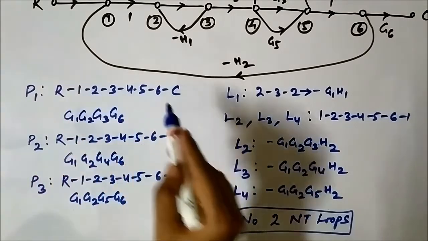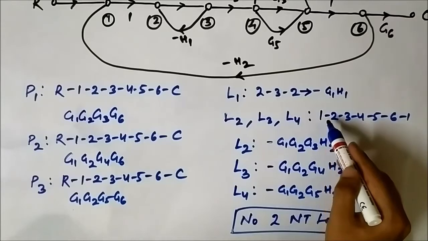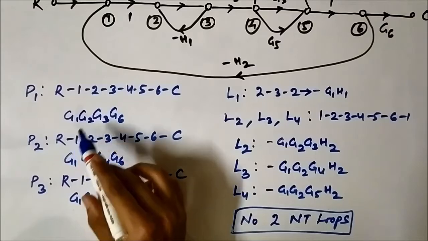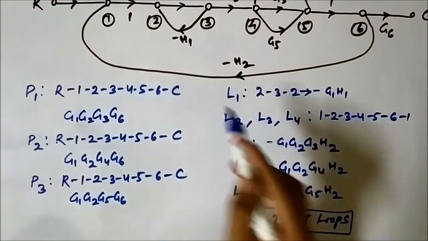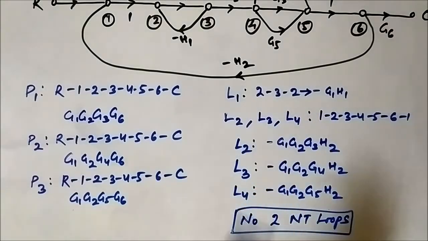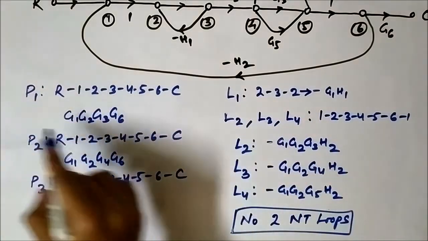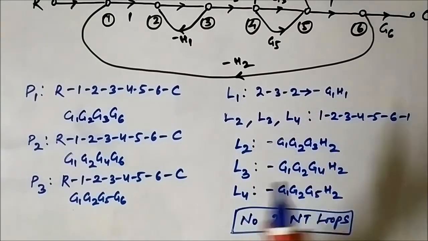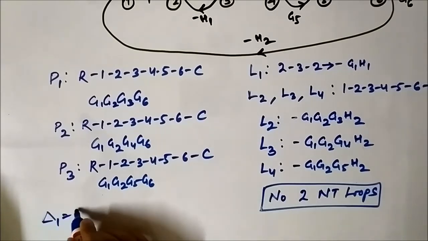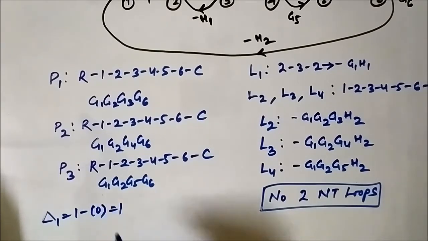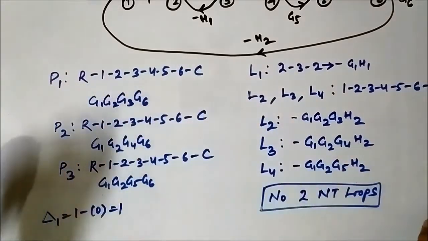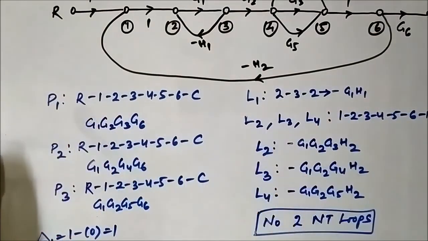P1 has 1 2 3 4 5 6, and L2, L3, L4 also have 1 2 3 4 5 6 1, so there are common nodes. So P1 is touching L2, L3 and L4. So the forward path P1 is touching all of the loops. So the path factor of P1, that is delta 1, is 1 minus 0, which is equal to 1. All we have to do is find common nodes between the nodal representation of a particular path and the loops.